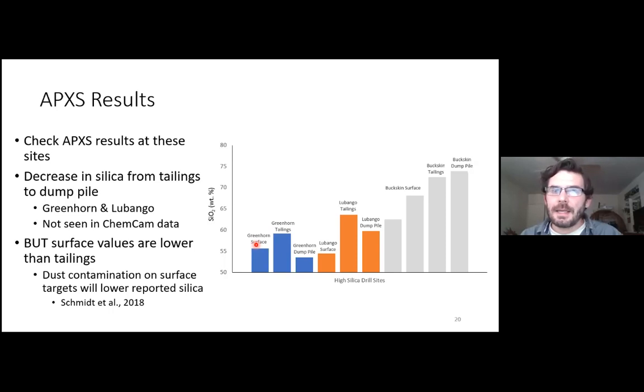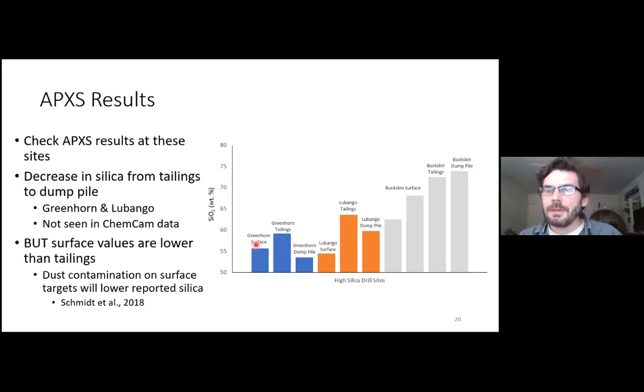The APXS is on the rover's arm. It's still a small footprint, but it's a much larger footprint than ChemCam, and typically it stays over a target for a while, up to staying there all night.